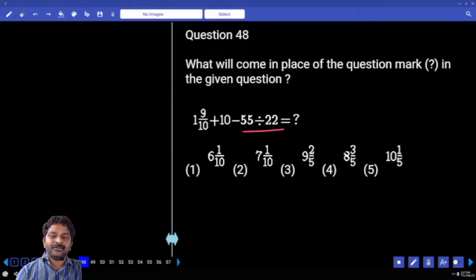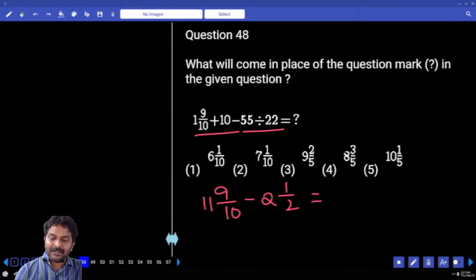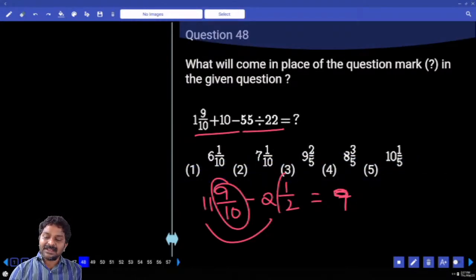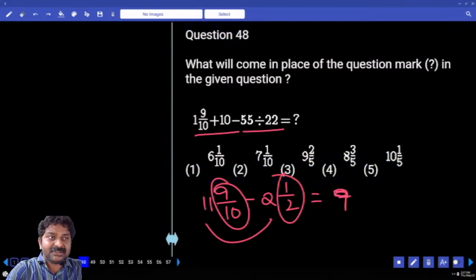55 divided by 2 is 27.5. Matlab. So far we have 11, 9 by 10 positive number, negative number 2.5, correct. 11 minus 2, how much do you get? 9. 11 minus 2, 9. 9 by 10 minus 1 by 2, is that going to be positive or negative? 9 by 10 minus half, positive or negative?